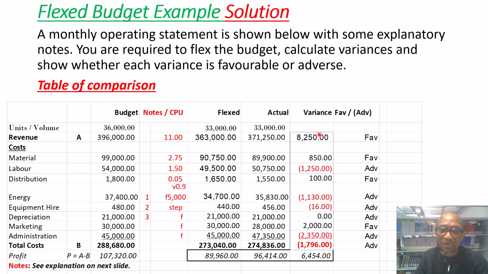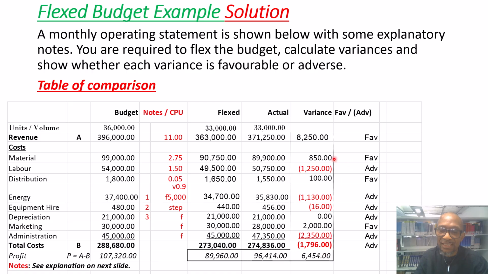So that's how we have to go through the whole row one by one and arrive at the variances, which give us a net positive variance of 6,454 for the profit under the variance column.